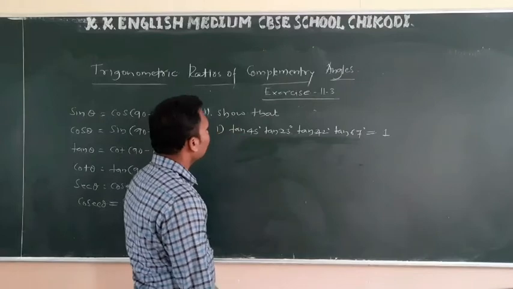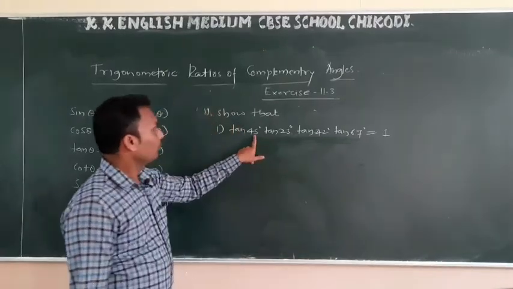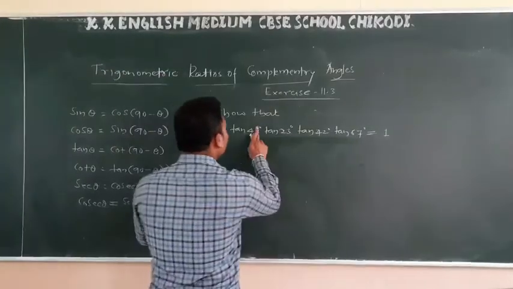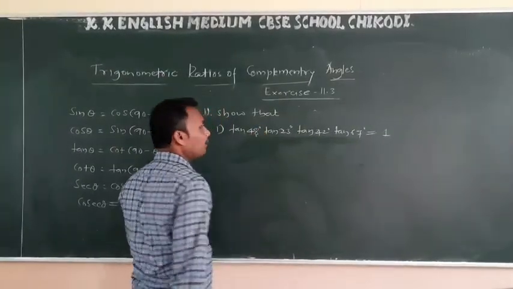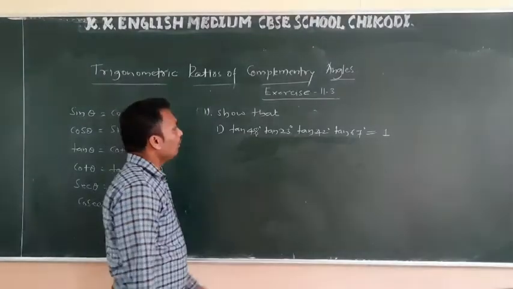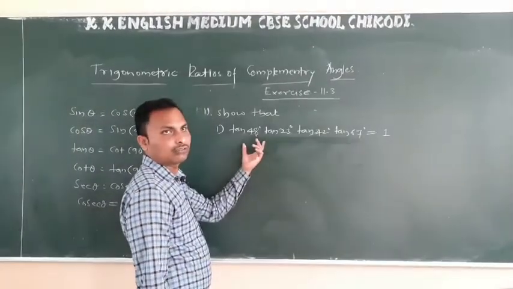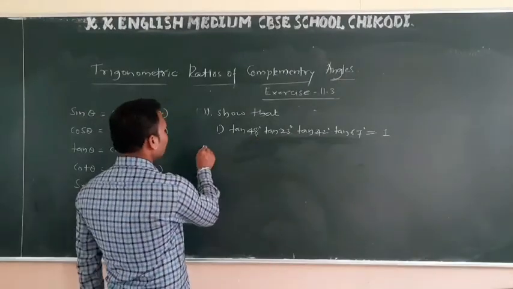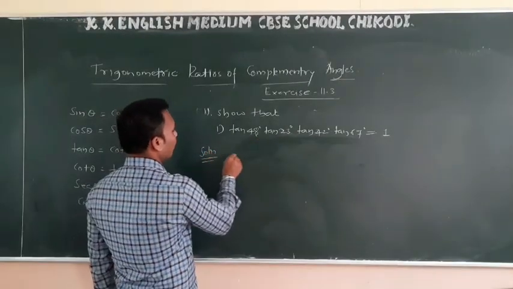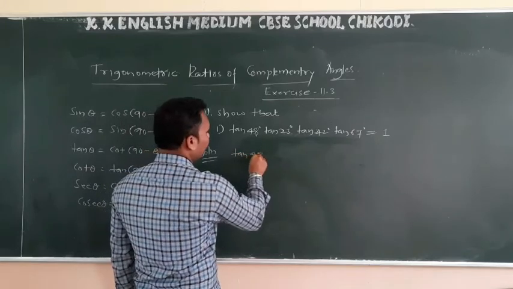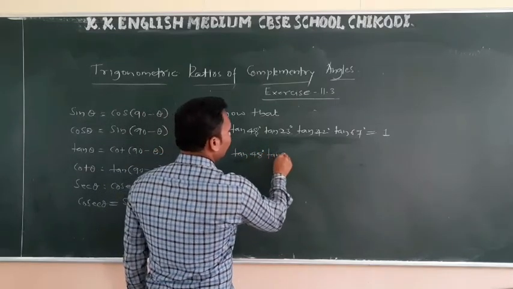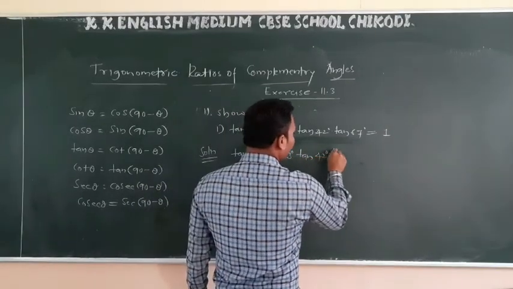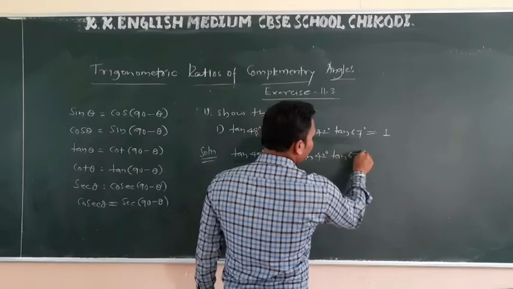Now is it tan of 45 degree? Yes, it is 45 degree. Now you can convert only two things here, and once you convert those two things, you will get your answer. So the solution for this: tan of 45 degree into tan of 23 into tan of 42 degree into tan of 67 degree.